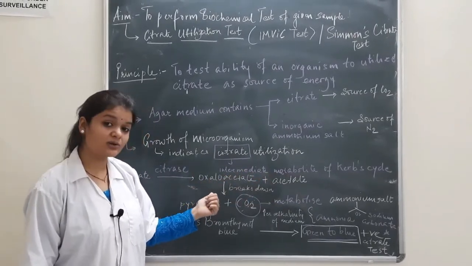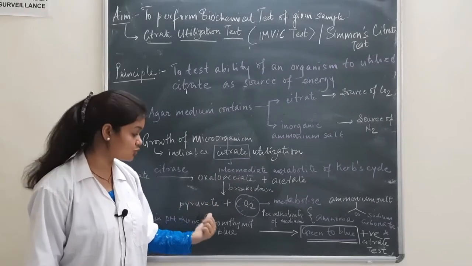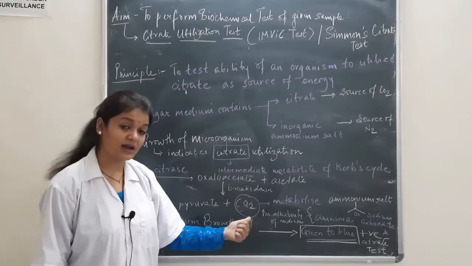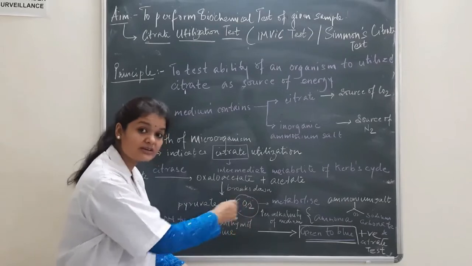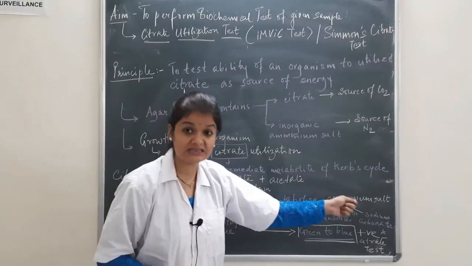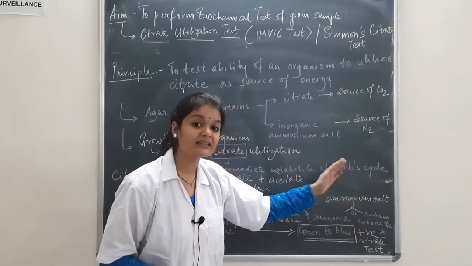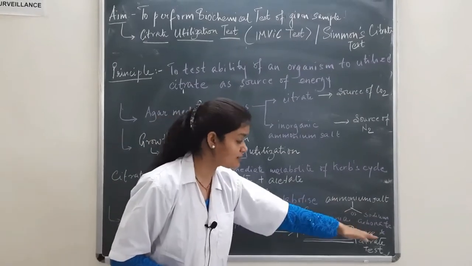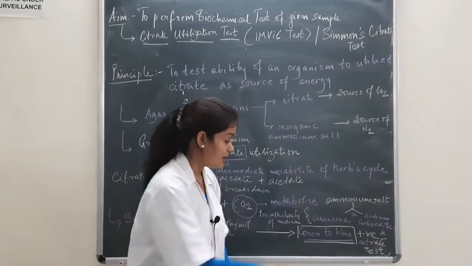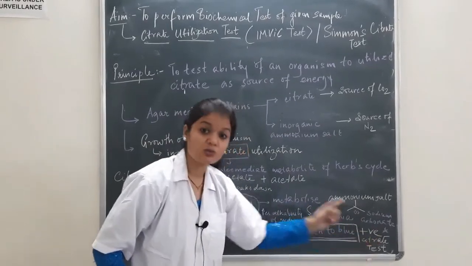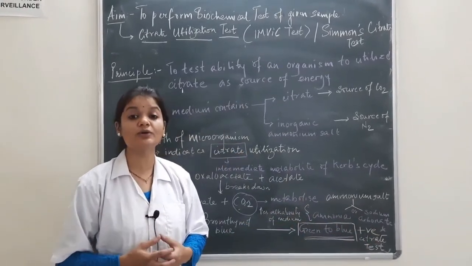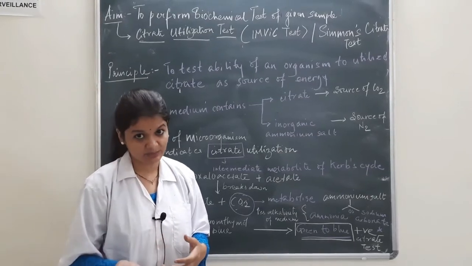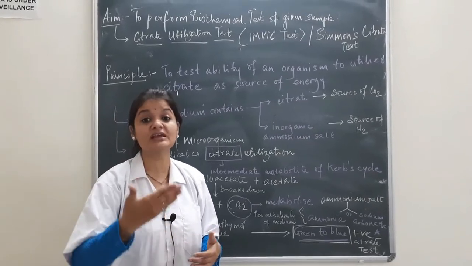This oxaloacetate again breaks down into pyruvate and carbon dioxide. This carbon dioxide reacts with the ammonium salts, forming ammonia or sodium carbonate. Because of these two products, the alkalinity of the medium is increased, and due to this there is a shift in pH.